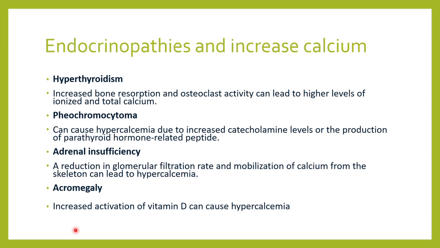In adrenal insufficiency, there is a reduction in the glomerular filtration rate, and mobilization of calcium from the skeleton is also happening, so that can lead to hypercalcemia. In acromegaly, growth hormone can activate the vitamin D, and that can cause hypercalcemia. So these are all parathormone independent hypercalcemia, wherein there is hypercalcemia but the parathormone level is low to suppressed.